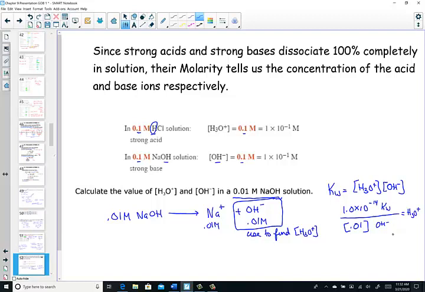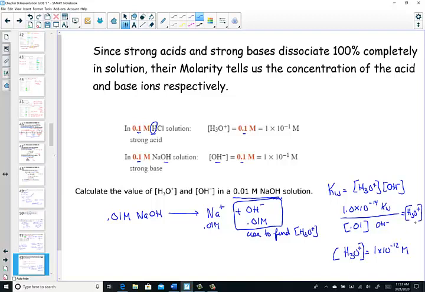Let's do that. 1 E negative 14 divided by 0.01, and your screen should read 1 times 10 to the negative 12th molar units for that concentration of hydronium.